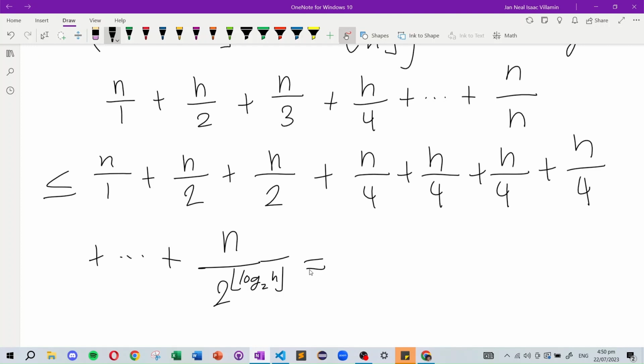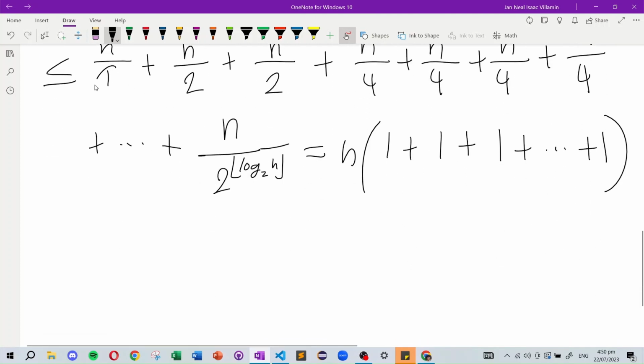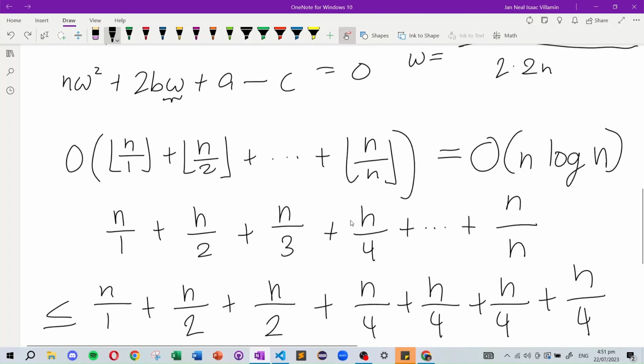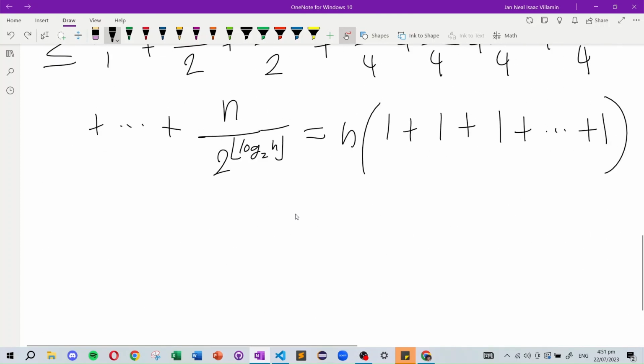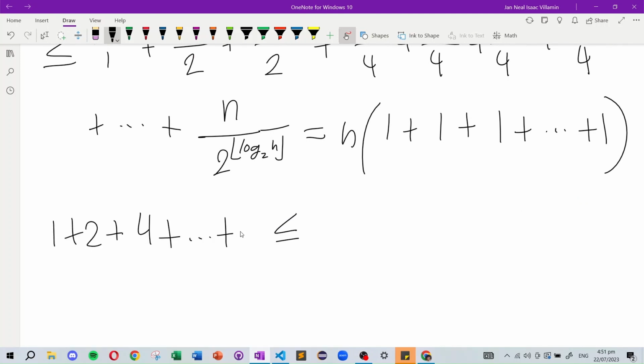So this is equal to n times (1 plus 2 times 1/2 plus ...), so it's like 1 plus 1 plus dot dot dot, because this sums up to n, this sums up to n, and so on. And how many ones do we have? We take one 1, then two 1/2s, then four 1/4s, and so on. So we are taking the summation 1 plus 2 plus 4 up to something, such that it is less than or equal to n.